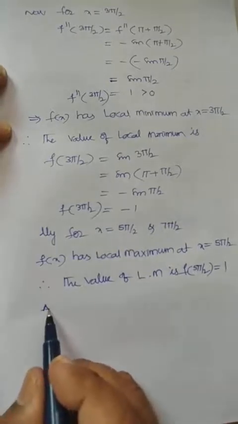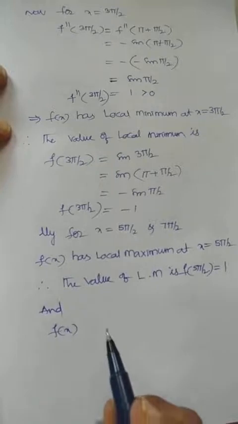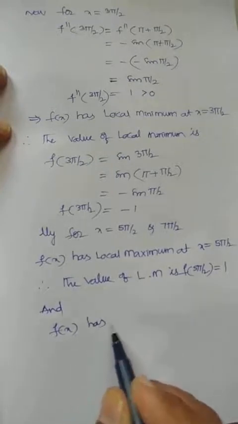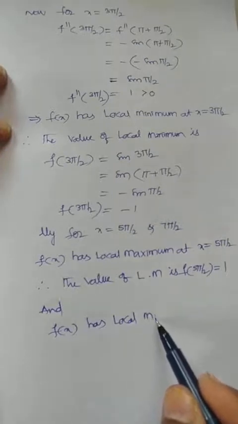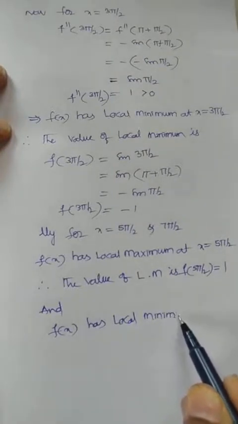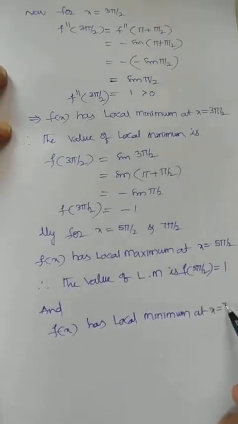And f of x has a local minimum at x equals 7 pi by 2.